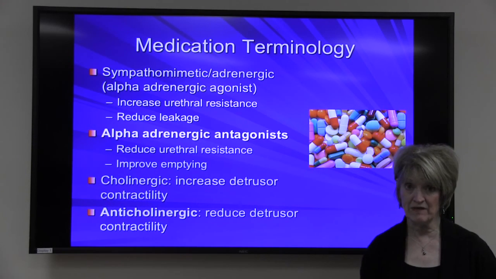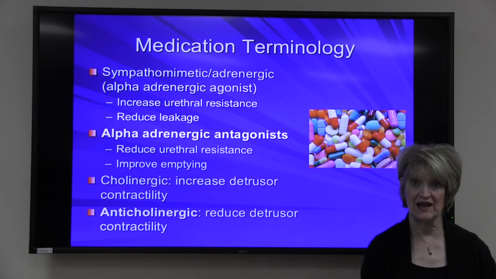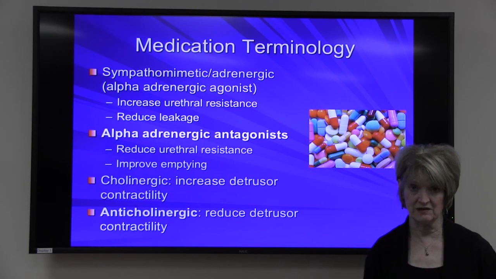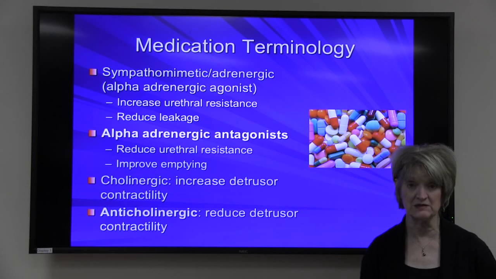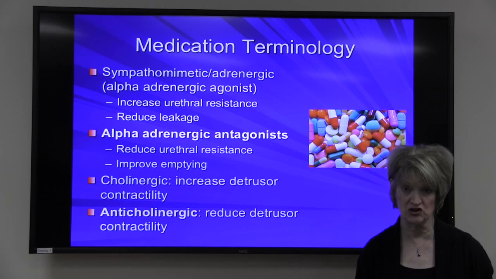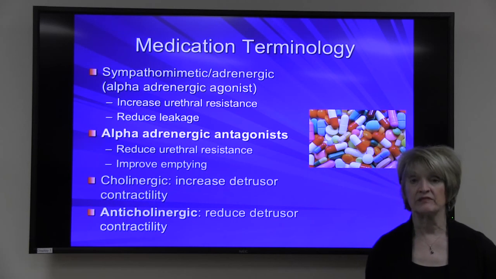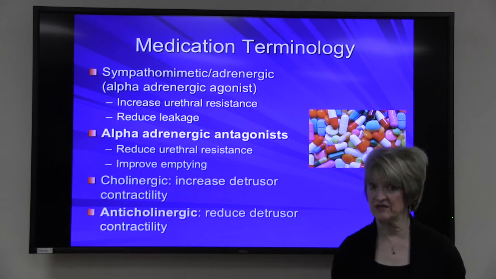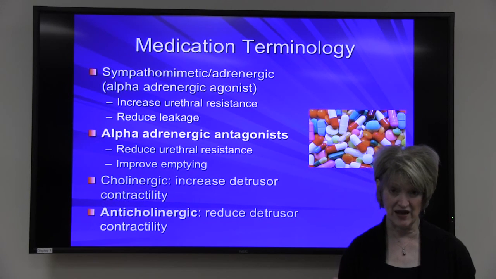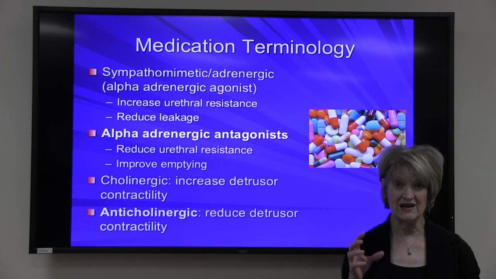So sympathomimetic means mimics the effects of the sympathetic nervous system. Alpha-adrenergic agonist means mimics the effects of the sympathetic nervous system, specifically the effects of alpha-adrenergic stimulation. What does sympathetic stimulation, specifically stimulation of the alpha-adrenergic receptors, provide?